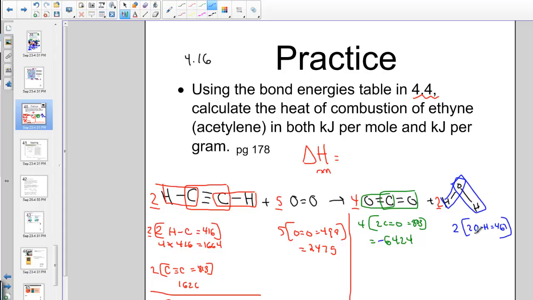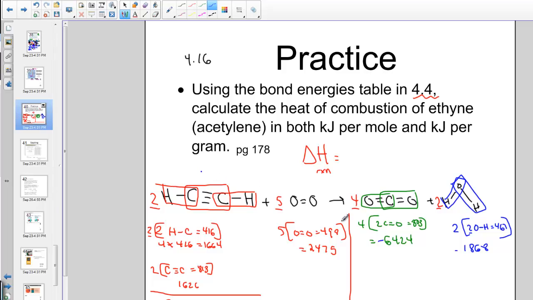So 2 times 2 is 4. So really what I'm hitting is 4 times 467 for a total heat content there of 1868. But I'm going to show that it's negative because we are forming bonds.